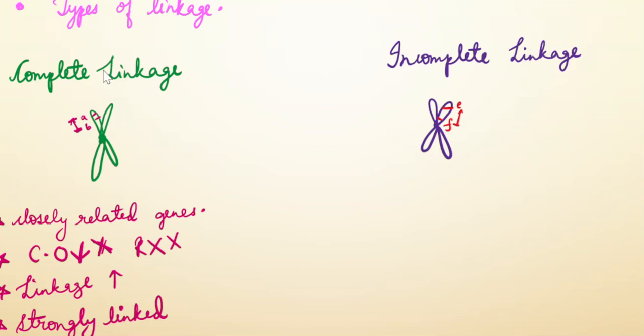Or we can say the two genes are on different chromatids, like gene A and gene B here, far apart. In the syllabus they only speak about one chromosome, but the two genes can be on different chromatids.